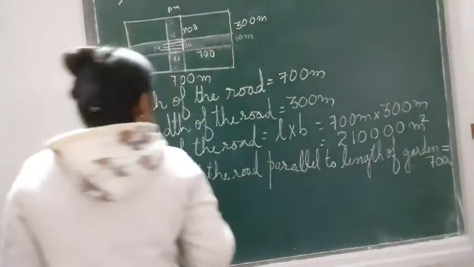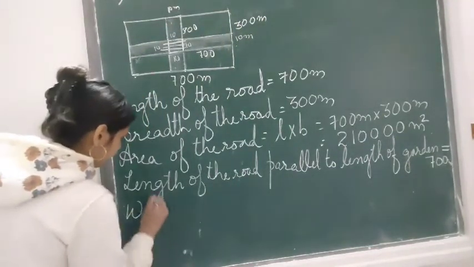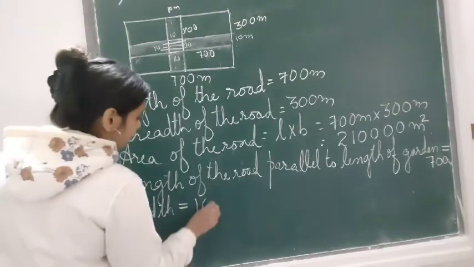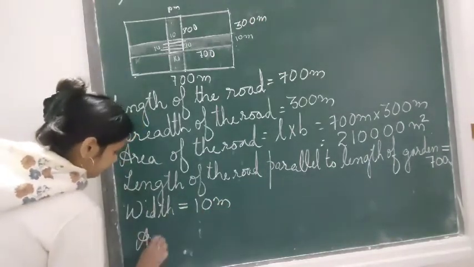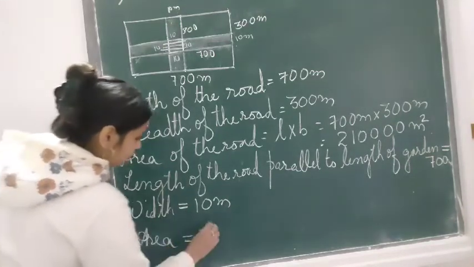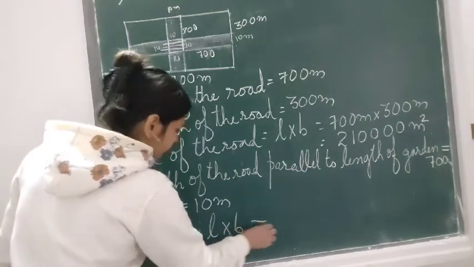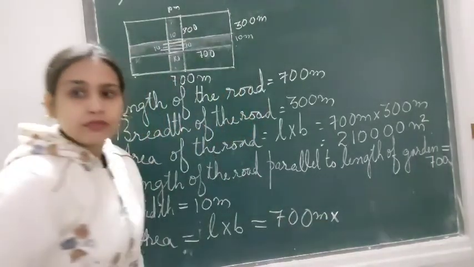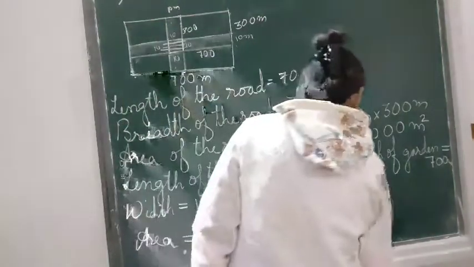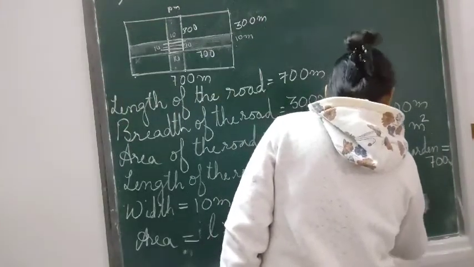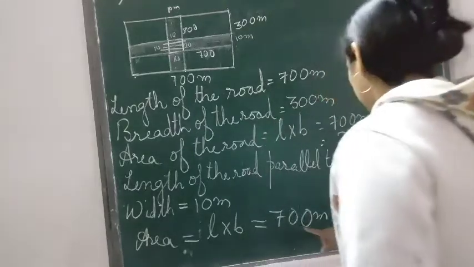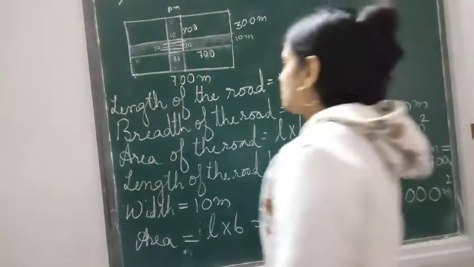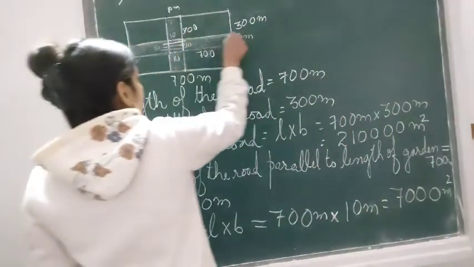And width, breadth, which is already given, is 10 meters. So the area, length into breadth, which is equal to 700 meters into 10 meters, which gives us 7,000 meter square. This is the area of this road.